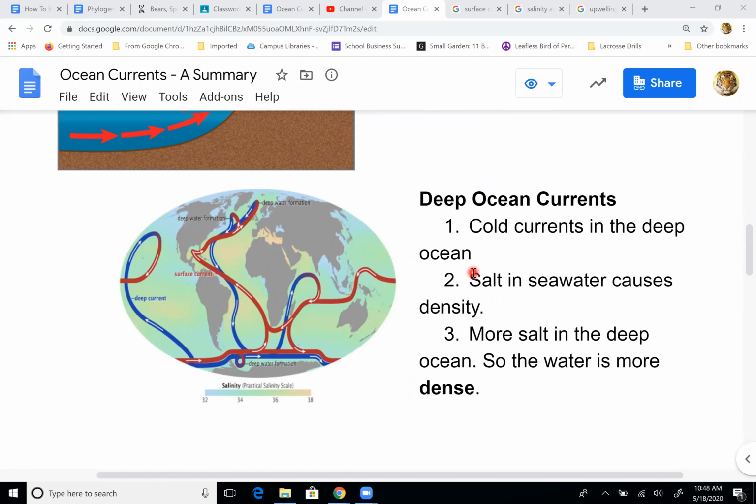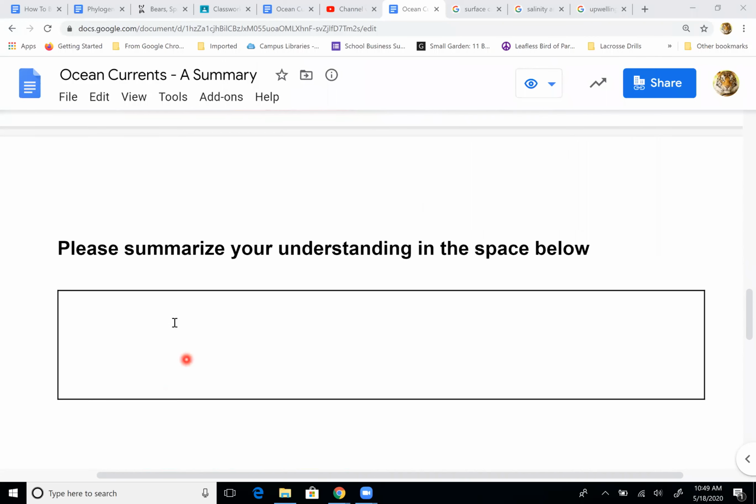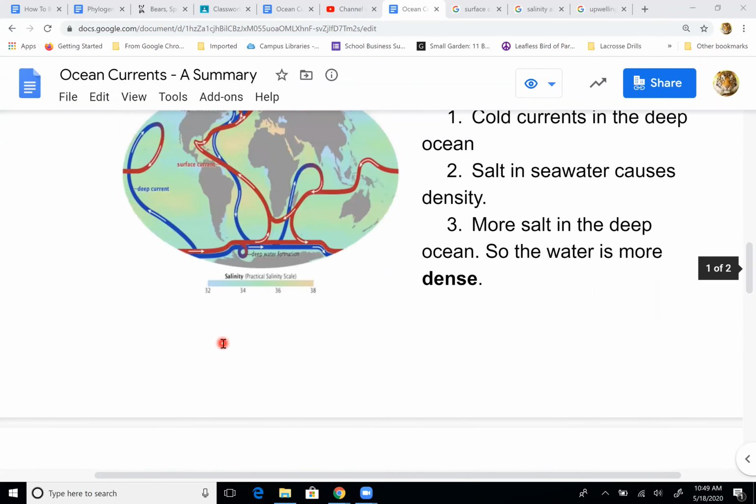Salinity is another word for how much salt water has. There's more salt in the deep ocean, so in the deep ocean you have cold currents that move water around. That's very brief. Hopefully, you can summarize what we just talked about.